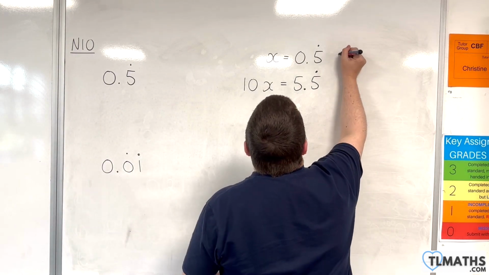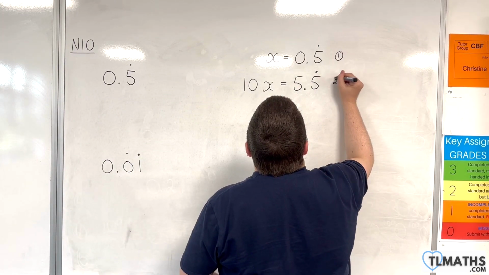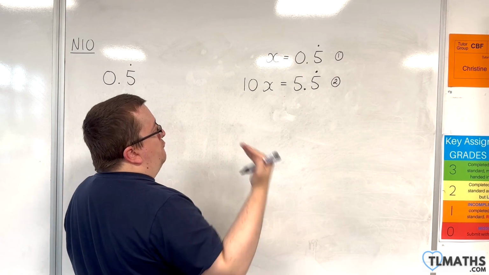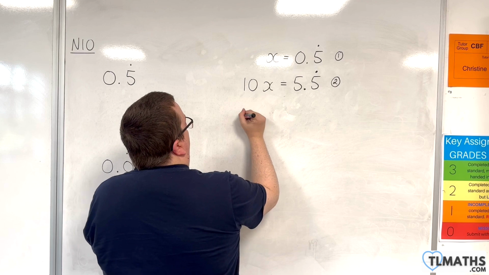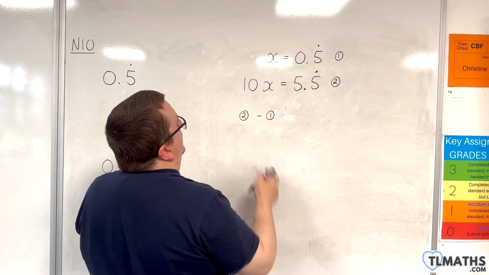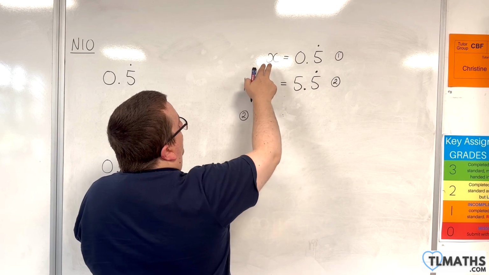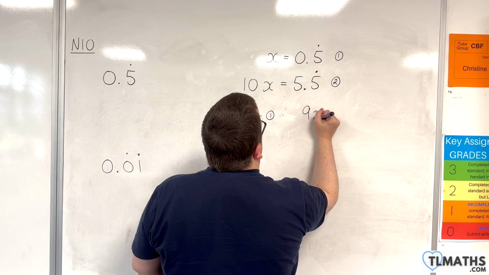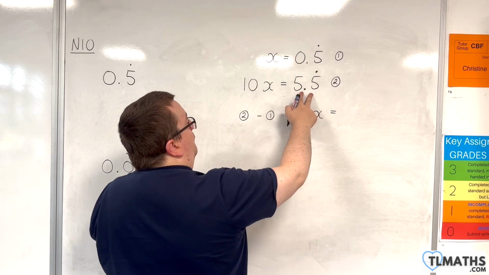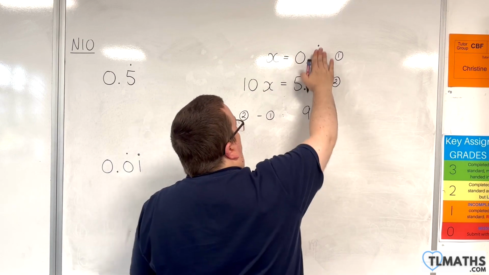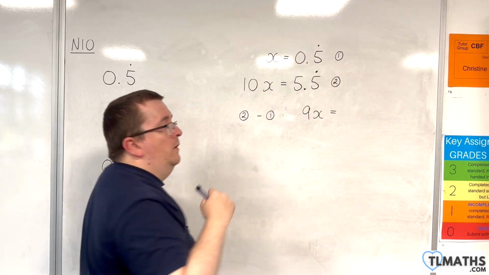So I'm going to call this equation 1 and this equation 2. And I'm going to subtract equation 1 from equation 2. So I'm going to look at 2 take away 1. So we'll have 10x on the left-hand side take away x, which is 9x. And on the right-hand side, we've got 5.5 recurring, take away 0.5 recurring. So the 0.5 recurring parts go.